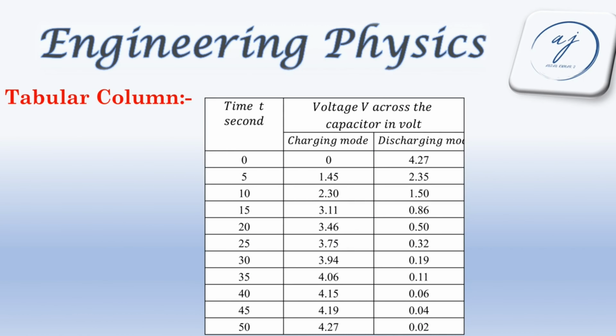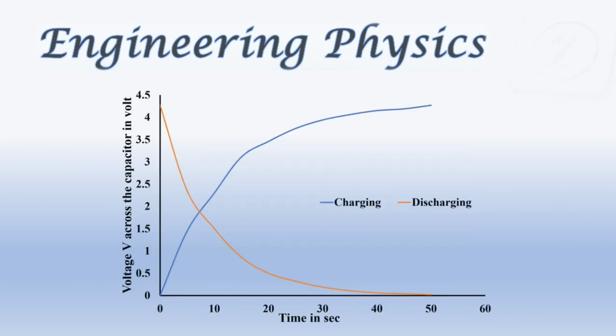Potential difference across the capacitor versus time graph has been plotted. The charging curve is represented by blue and the discharging curve is represented by saffron.